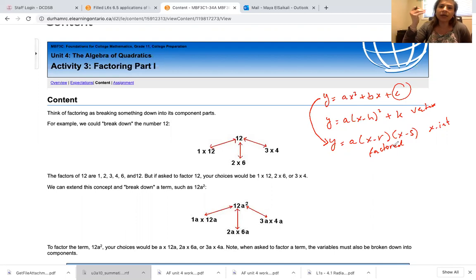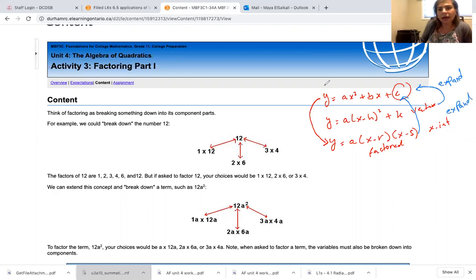What we talked about before is how we can go from vertex form to standard form, and we talked about expanding. That was in the previous lesson. We did the same thing from the factored form to the standard form; we expanded as well.